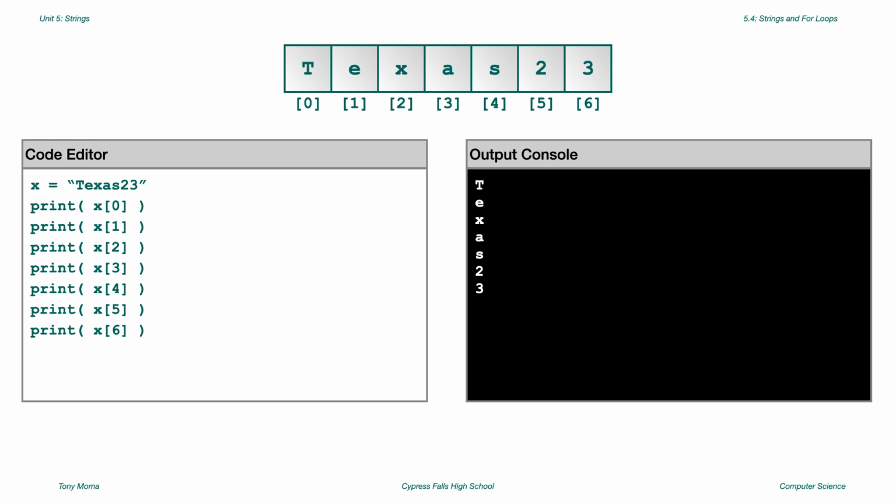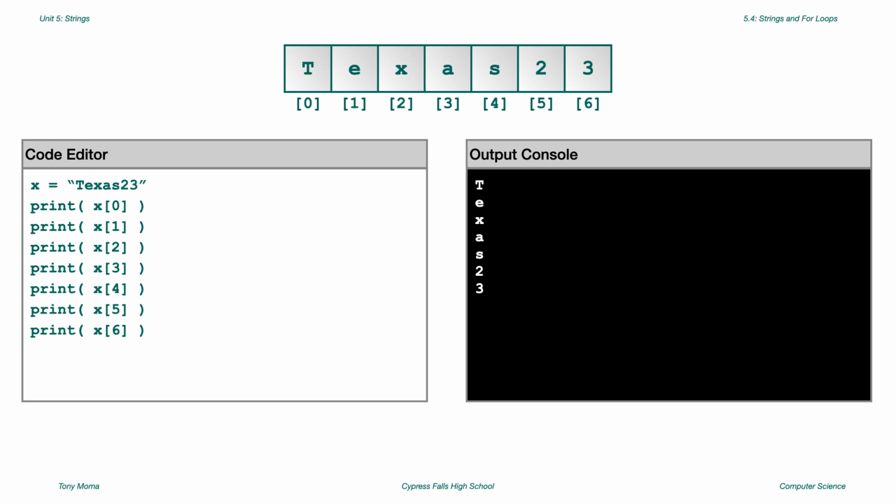This is an example of a program that processes each individual character in the string one at a time. In computer science, processing each character in the string one at a time is a very common task, and there are many reasons why a programmer would want to do so.